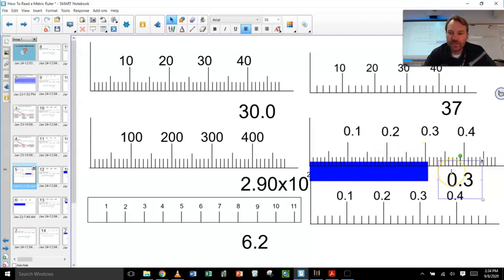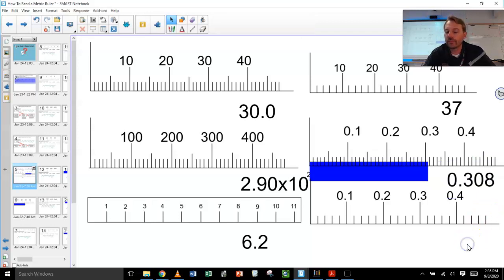So 0.308. That's mine. I have to have the 0. 0.30 is non-negotiable because it's not to the 0.31 yet. But this third one, 0.307, 0.306, 0.309, that would be negotiable if you were to put this measurement down.